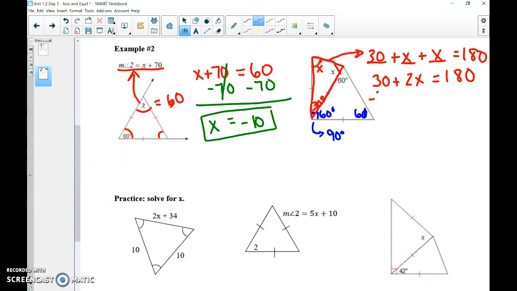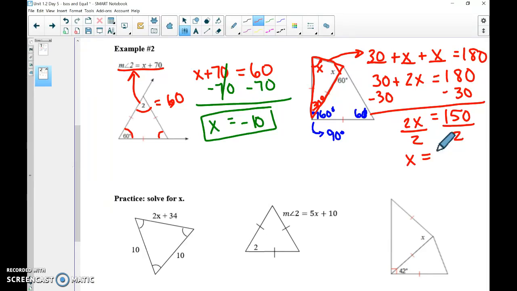Okay, and then from there, a little bit of algebra to get x by itself. Divide by 2. I believe that would be 75. So each one of them would have to be 75 degrees.